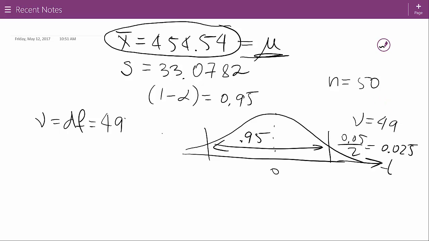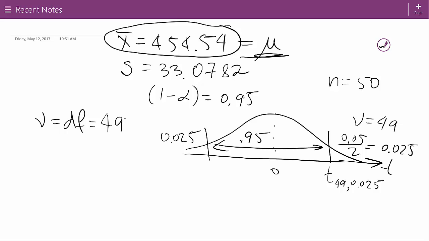And exactly the same thing, 0.025 should be the area in the left tail of the t distribution, right? So that should give me t with 49 degrees of freedom, 0.025 in the right tail. That's how many standard deviations I should travel to the right and to the left in order to get the margin of error.